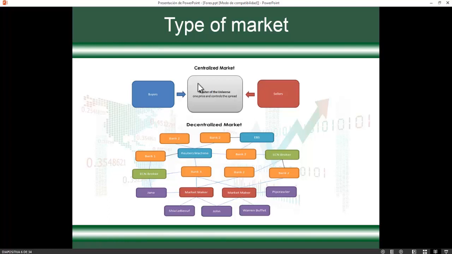When up here there is a master of the universe, you can't compete with them. They move the price, they control the spread, they do whatever they want, and you have to go with that. So yeah, that's in a nutshell the difference between our market and other more common, more heard markets out there. So up to the next one.